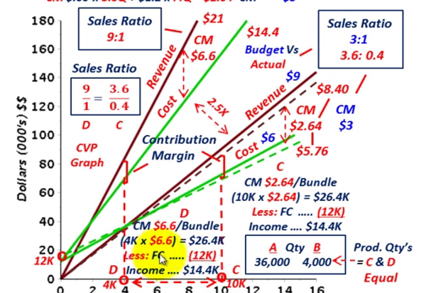So I'm just showing that it really doesn't matter what the income is going to be. Everything is related here on incomes and costs, but it's just looking at the 4,000 bundles versus 10,000 bundles. That's all you're looking at.